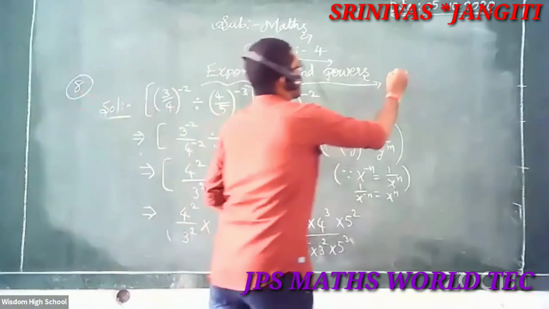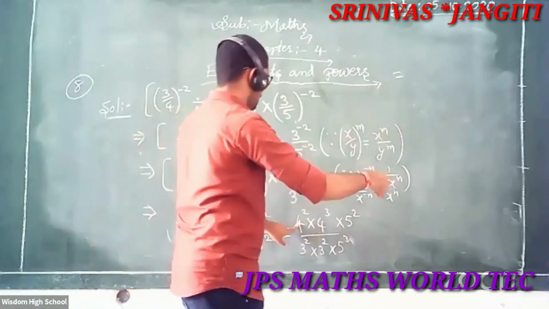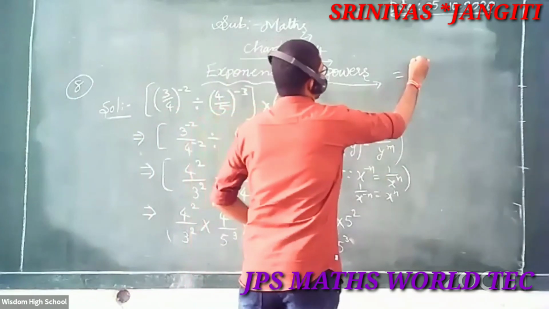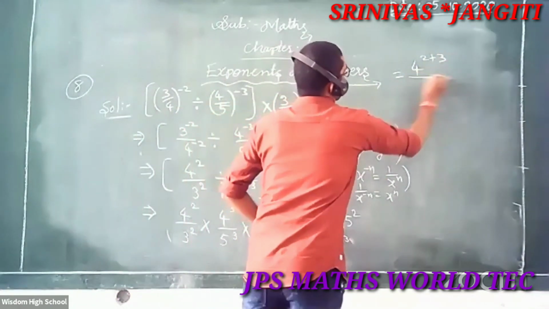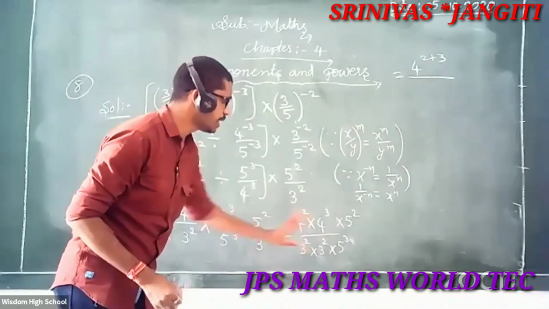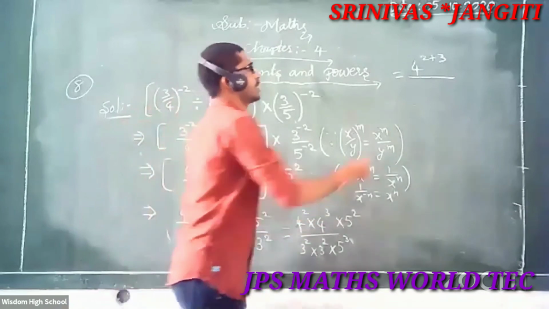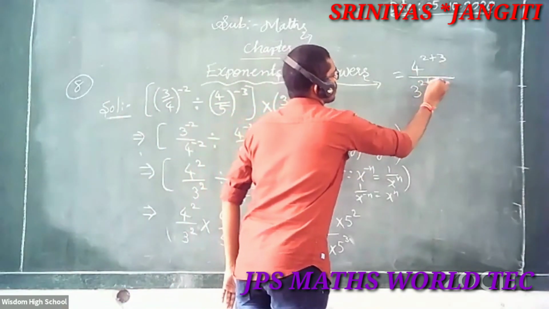It is looking like x to the power of m into x to the power of n, right? Then x to the power of m plus n. That's why what is here, right? 4 to the power of 2 plus 3. After, what is here? It is also looking like x to the power of m into x to the power of n only now. Then that's why 3 to the power of 2 plus 2.